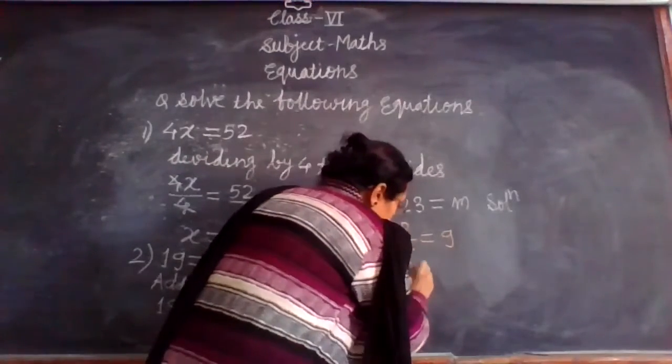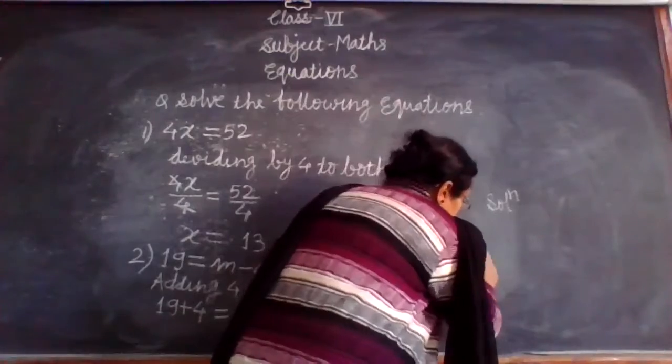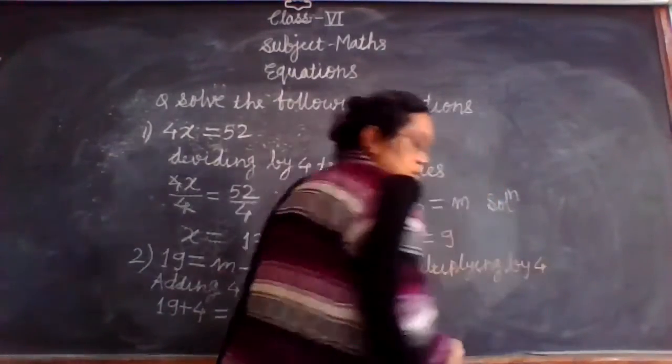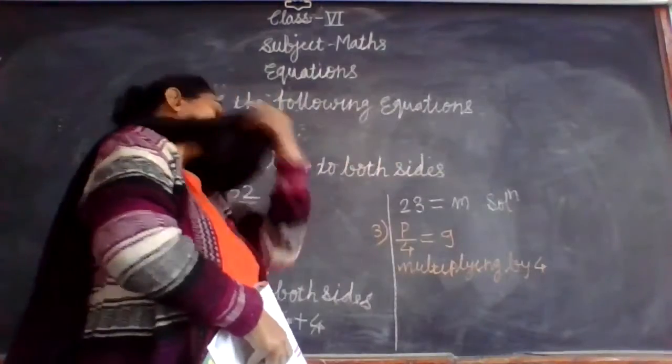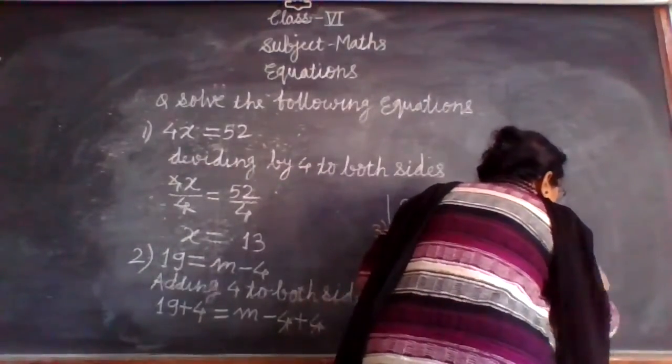So we will write multiplying by 4, both the sides.